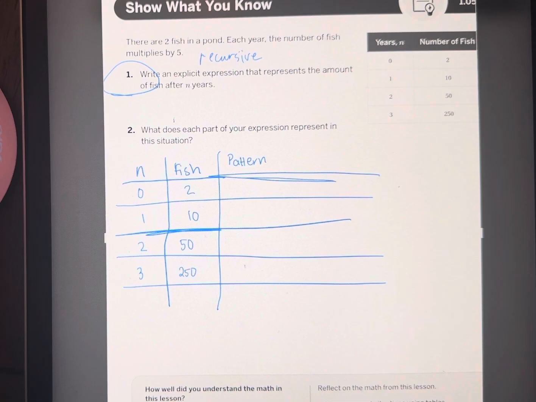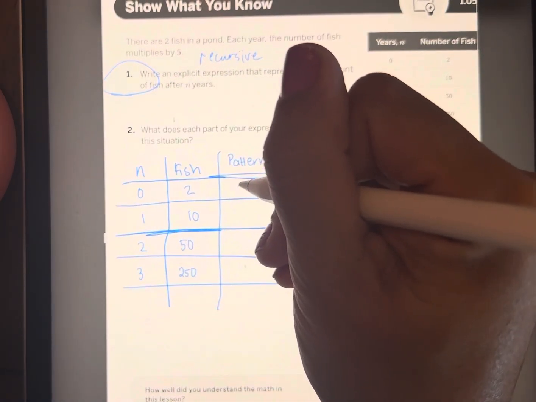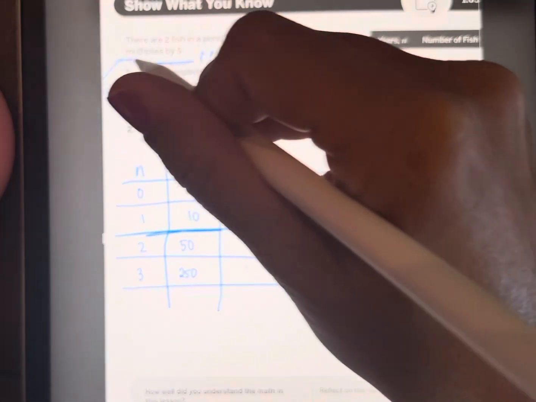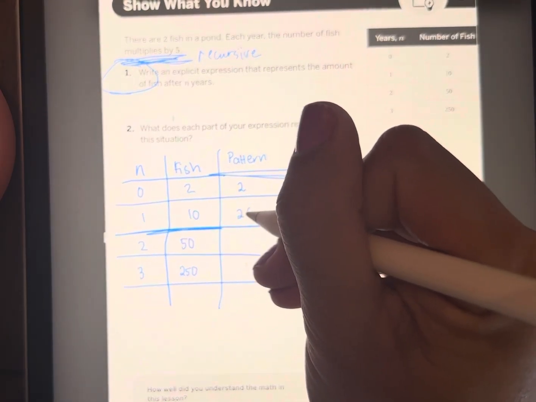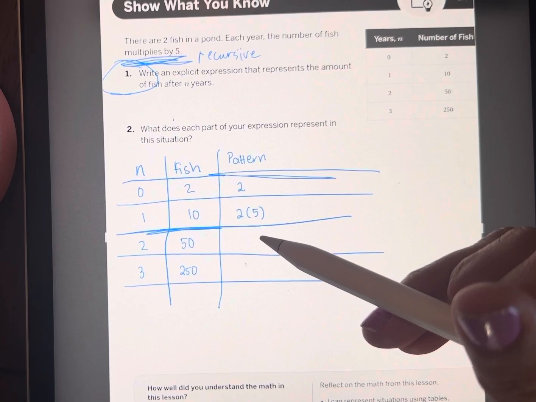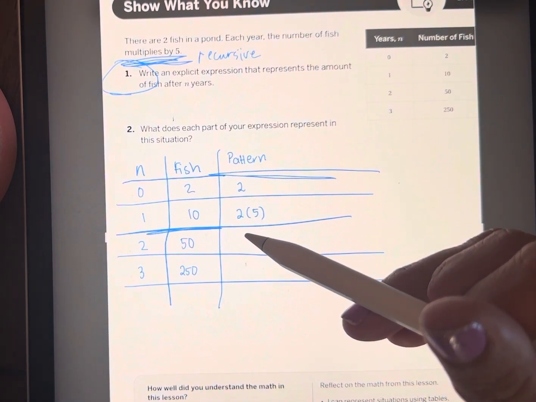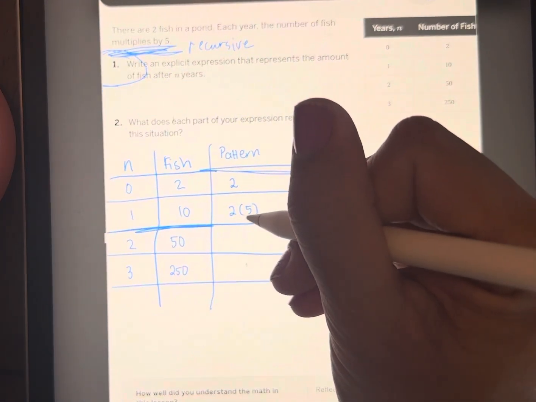This is what happens. The first one is just 2. And then for the second one, we're going to use the recursive rule that it multiplies by 5. We're going to say this is 2 times 5. Now, every step, I want you to recopy the previous step first. So instead of saying this is 10 times 5, we're going to copy the previous step.